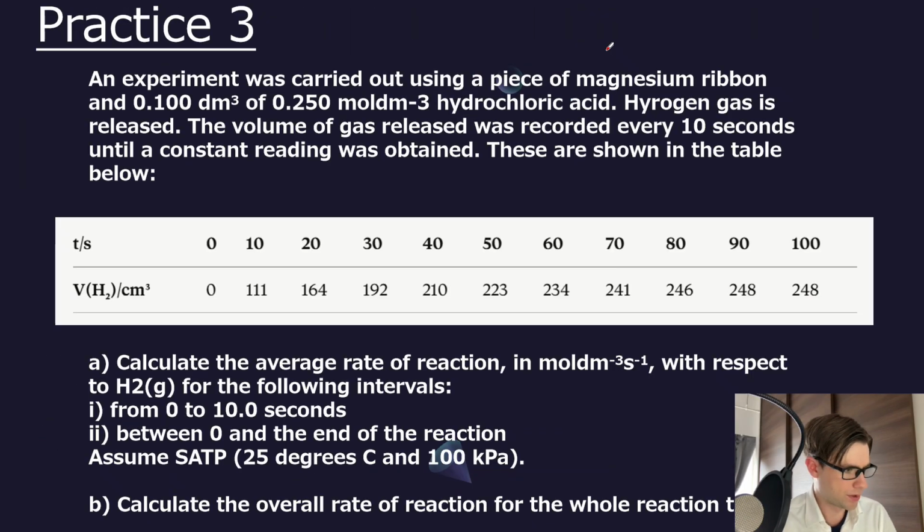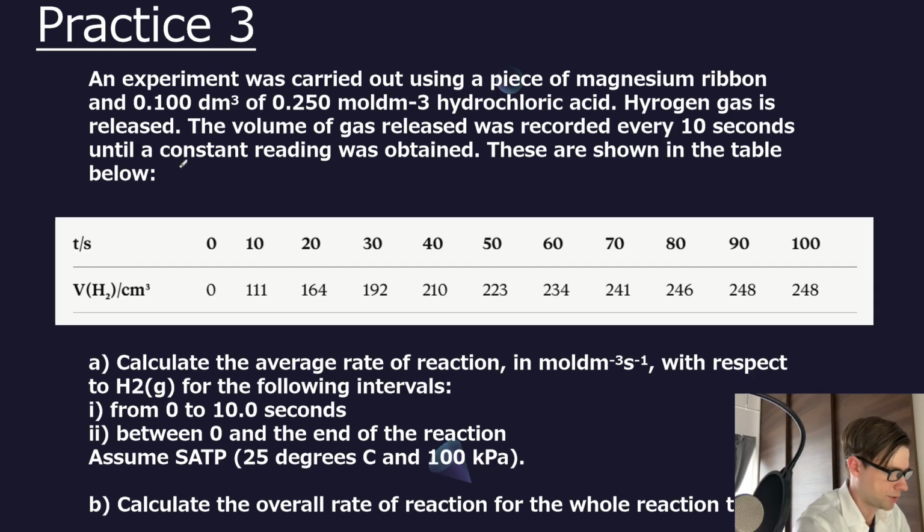So I think first what I would like to do is find out for this 0 to 10 seconds how many moles of H2 was produced. So I'm going to use the ideal gas law. Unfortunately, this is not at STP, so we can't use the molar volume of 22.7 that I would usually use.